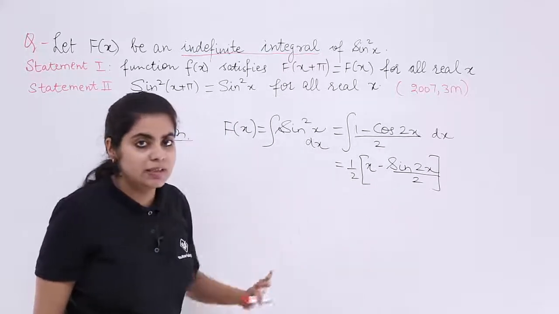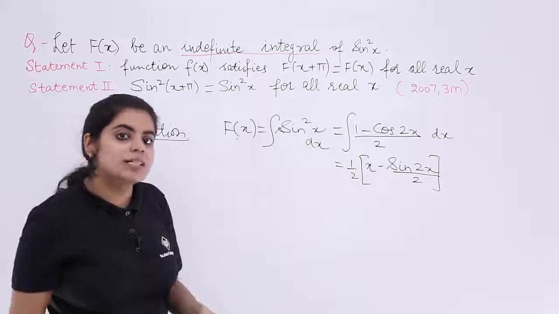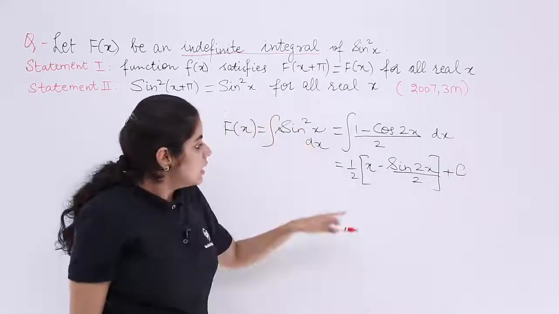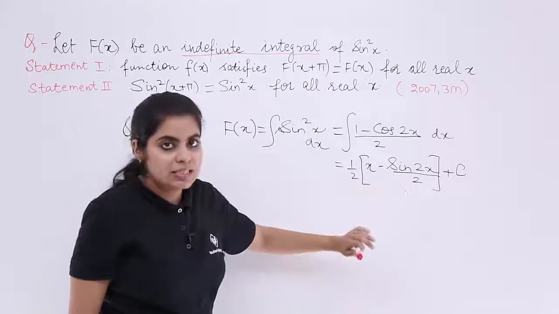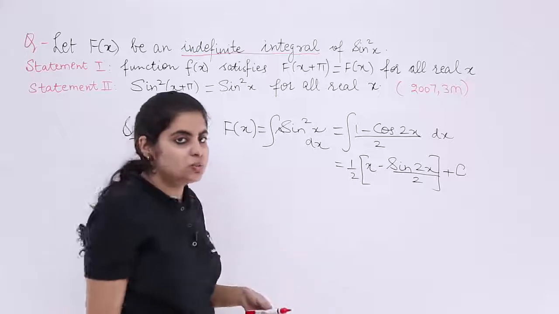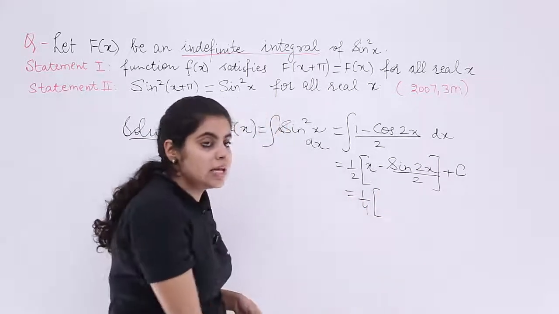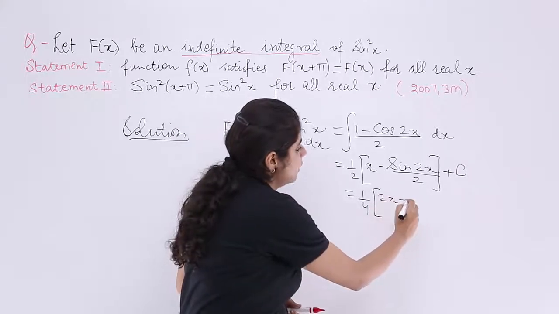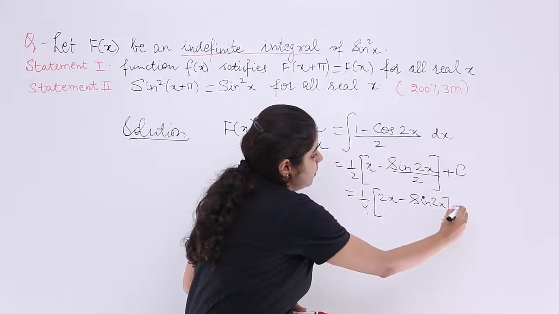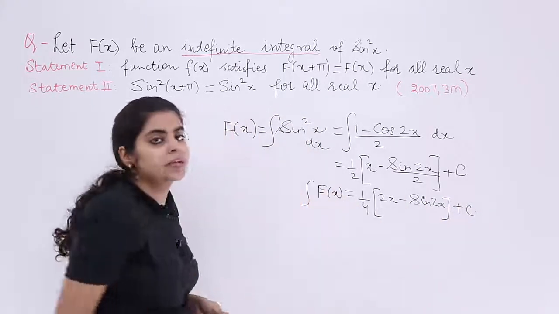This is the procedure of integration, and since it is indefinite integration, you need a constant of integration also, which is plus c. Now this 2 can be introduced inside if you wish to, or it can be taken out as common. So let's take the 2 as common. So it becomes 1 by 4, and inside it is 2x minus sine 2x, plus c. This is the integration of f(x).